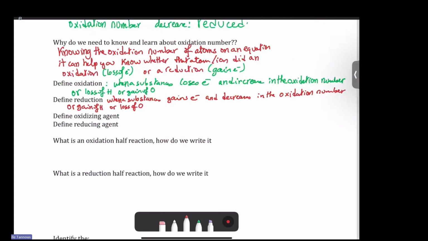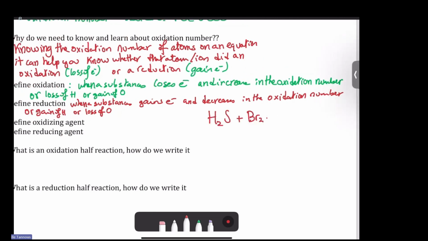So I'm going to give you an example. H2S plus Br2 gives HBr plus S. Now look at this substance. It lost the hydrogen.